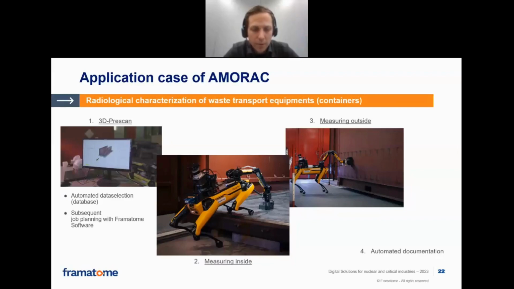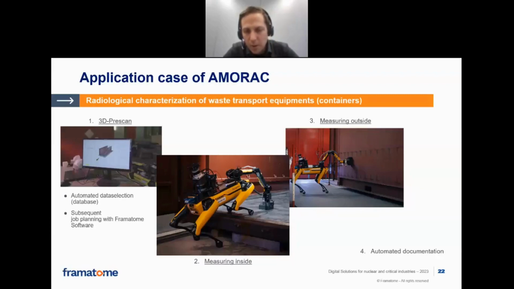Insights in the middle picture, where you can see the agility of the basic system: a robot from Boston Dynamics, mounted with our developments on it. In the third picture, you see the marking system having been used.